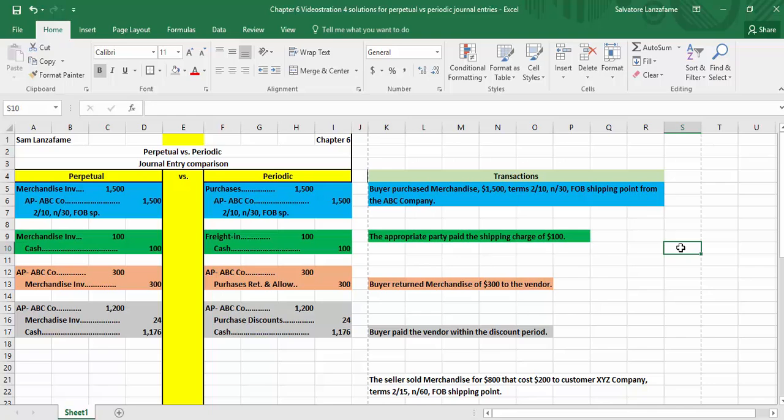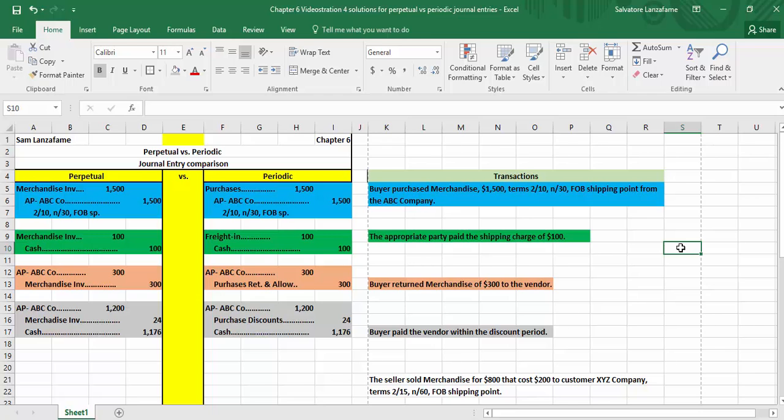And the third one, I guess you would think that's a return if you know what you're talking about. And that last one, yep, that's a discount, but you've got to know what you're talking about. So you can almost fake it and understand the information under periodic, whereas under perpetual, if you don't know it, you won't have much clue.